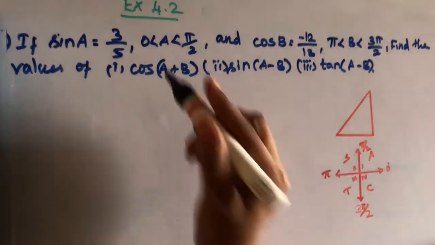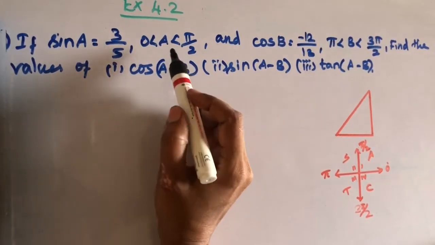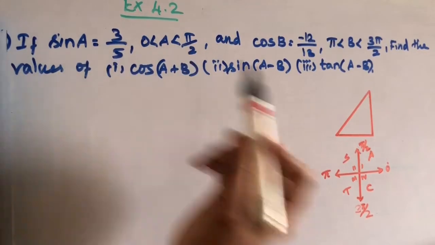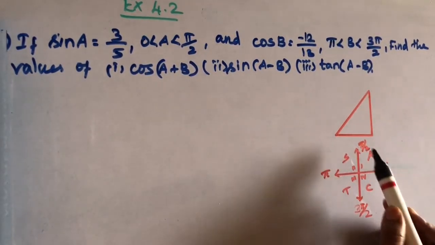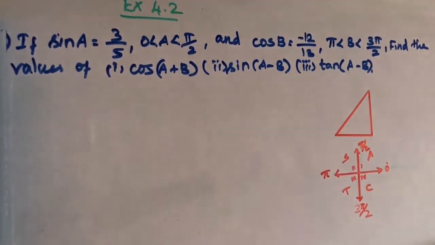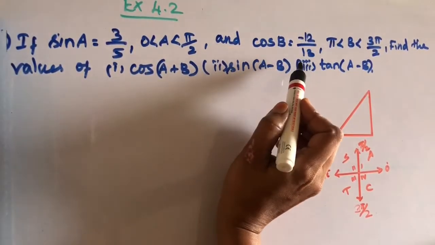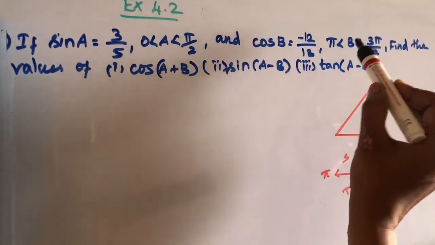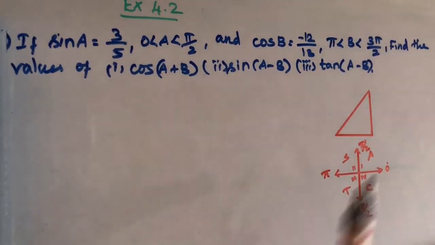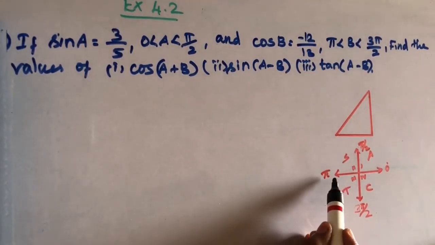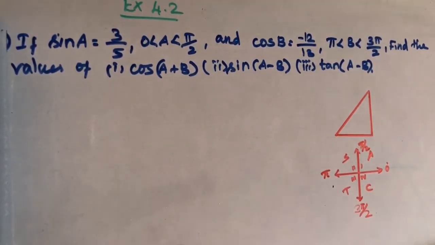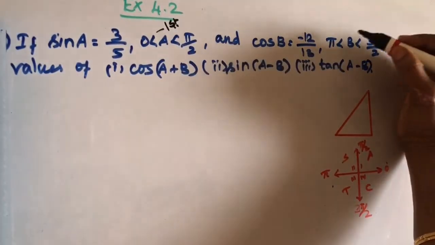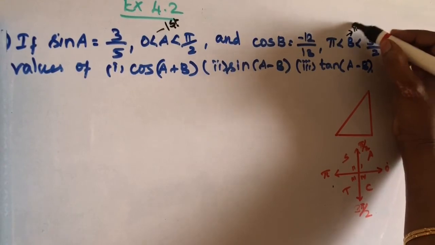Here the angle A ranges from 0 to pi by 2, which quadrant? That is the first quadrant. And cos B equal to minus 12 by 13. Here the angle B ranges from pi to 3 pi by 2. So which quadrant? It is in the third quadrant. So A lies in the first quadrant and B lies in the third quadrant.